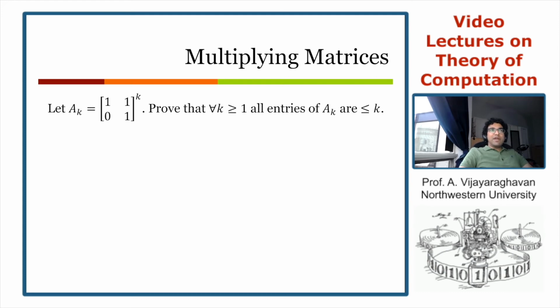What I'm looking at is the kth power of this matrix. By that I just mean multiplying the matrix with itself k times. For numbers, a raised to the power of k is just multiplying the same number k times. Here instead, you're multiplying the matrix with itself k times. That's how you define it.